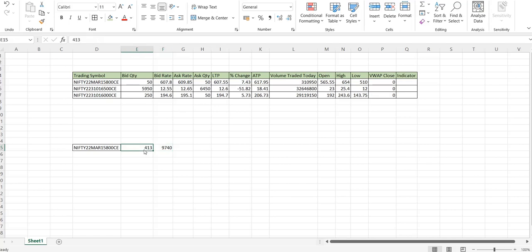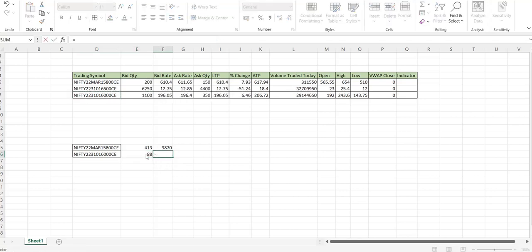So this I had bought at around 413, but I have also sold a couple of call options. First of all, I have sold the 16,000 call option at 88. So 88 minus what is currently running, this one.